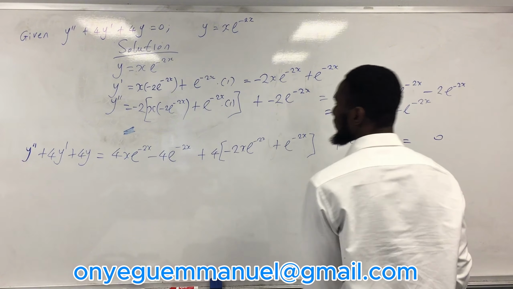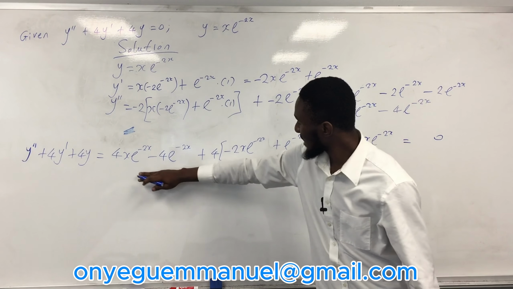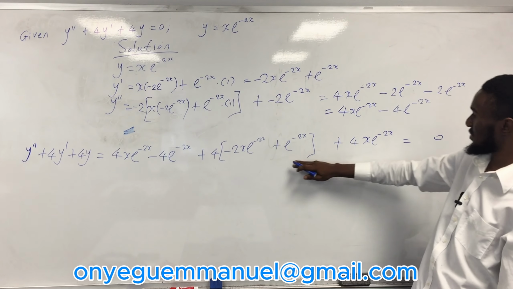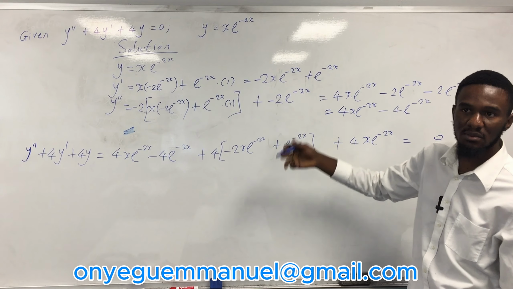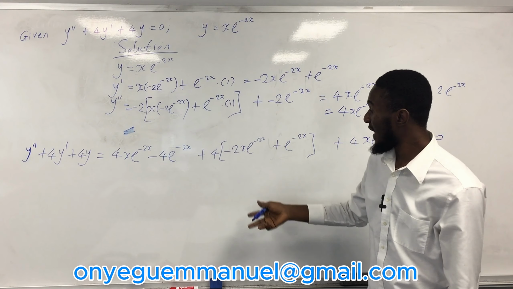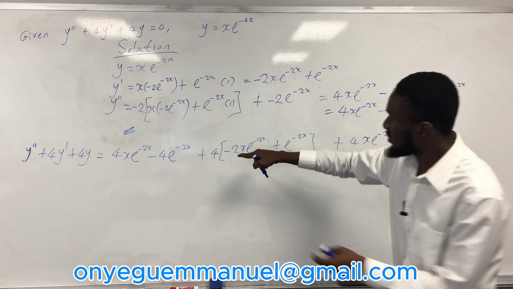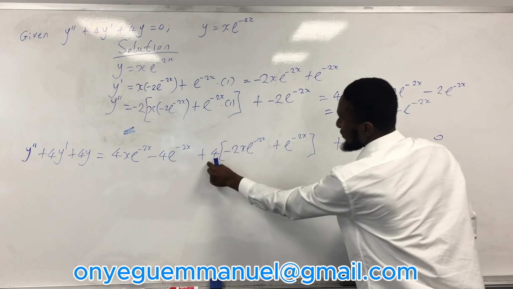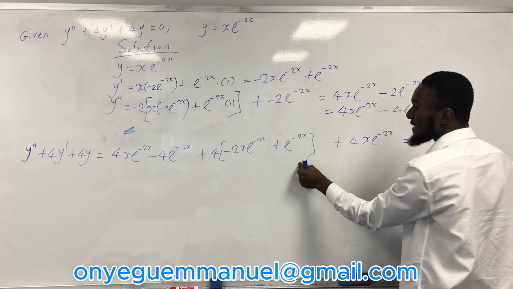So we simplify further. We write this out and we use 4 to distribute into this parenthesis. When I say distribute, I mean using 4 to open up this bracket. So any language you understand, just use this 4 to open up this: 4 times what you have in the first one, 4 times what you have in the second one. Let's do that.